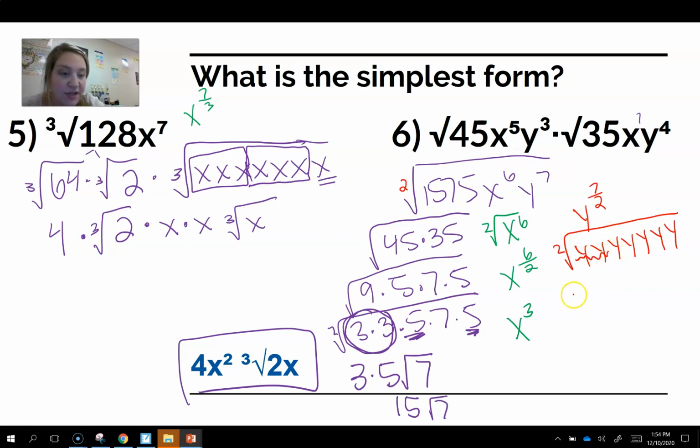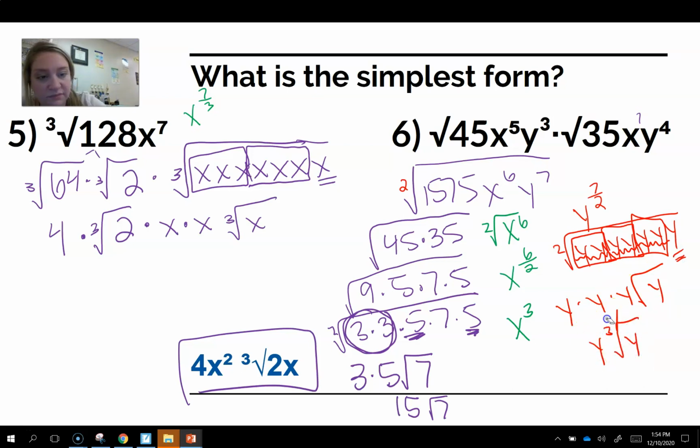So here's a group of 2, here's another one, here's another one. There's a group, here's a group, and here's a group. But I do have a y still left inside my square root. So 3 y's get to come out, but there's just 1 left inside.